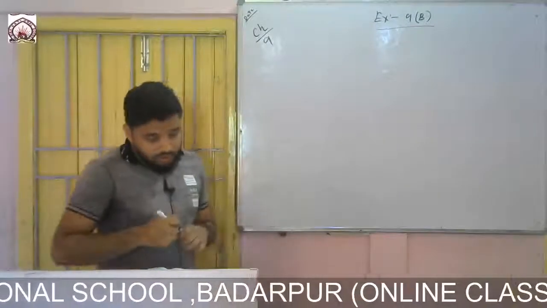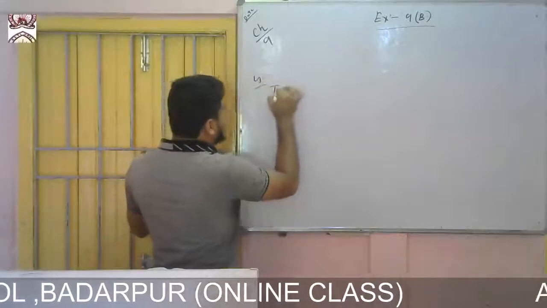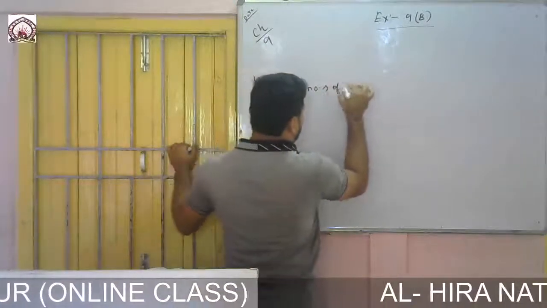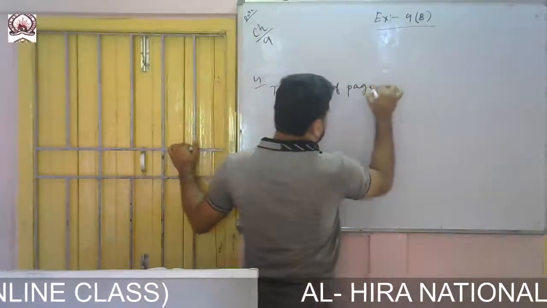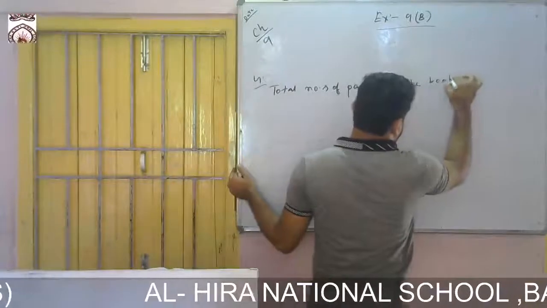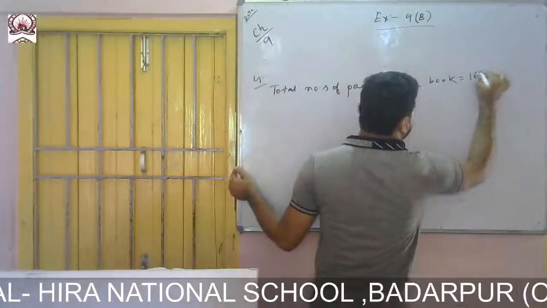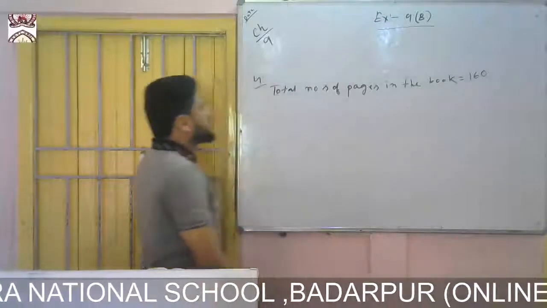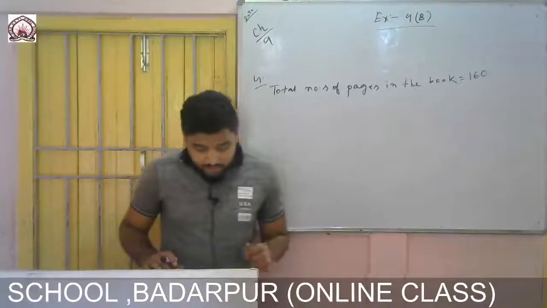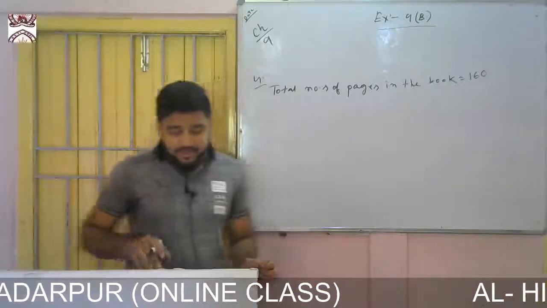So see question number 4. Total number of pages in the book equals 160. Okay, now 15% of the pages have pictures on them.